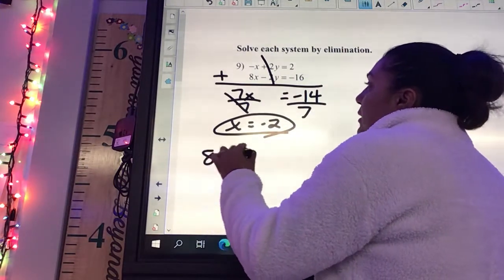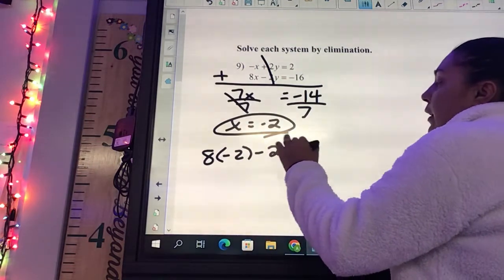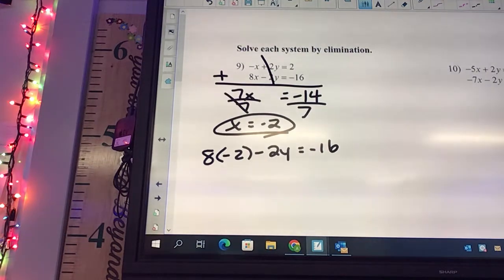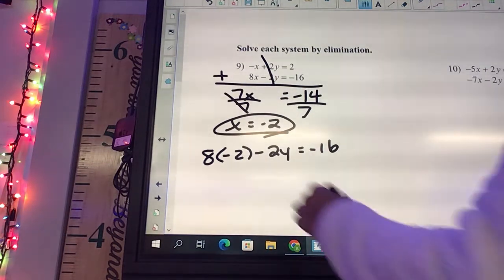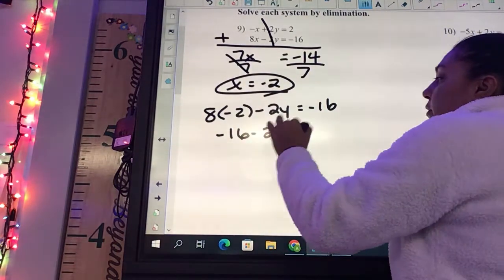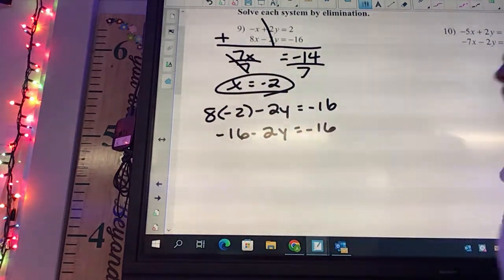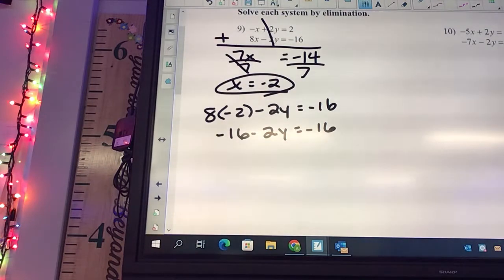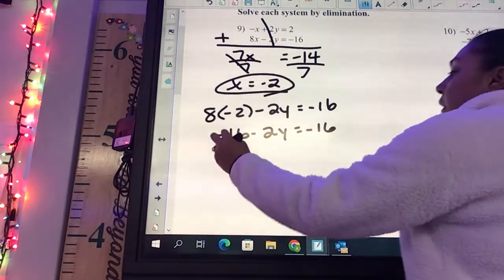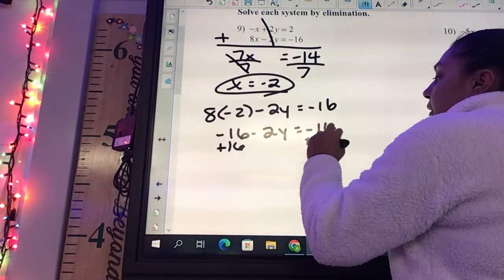I got 8 times -2 minus 2y equals -16. Okay, so for this part, 8 times -2 is going to be -16 minus 2y equals -16. Okay, and I'm going to add 16.